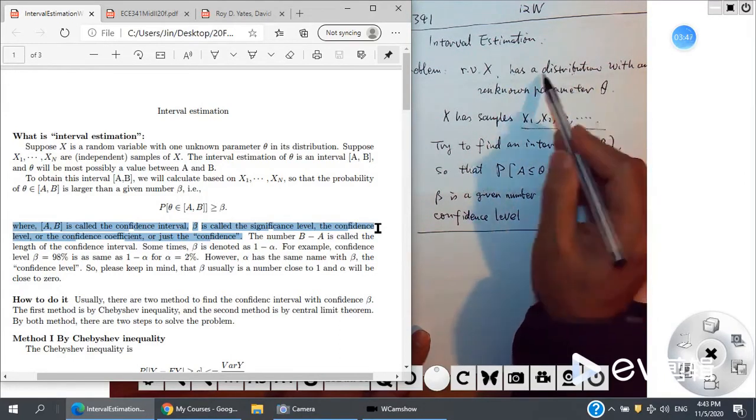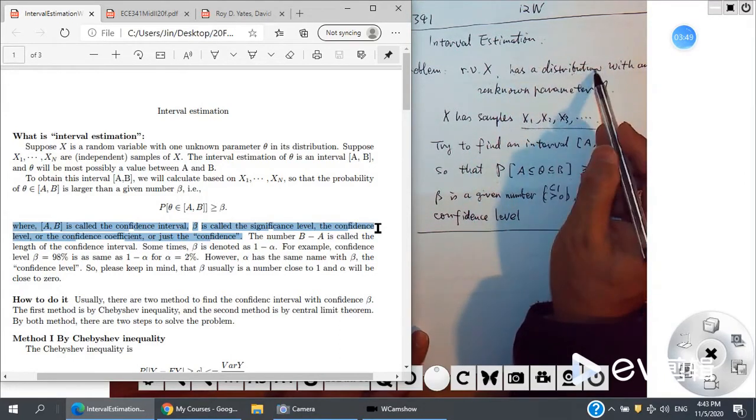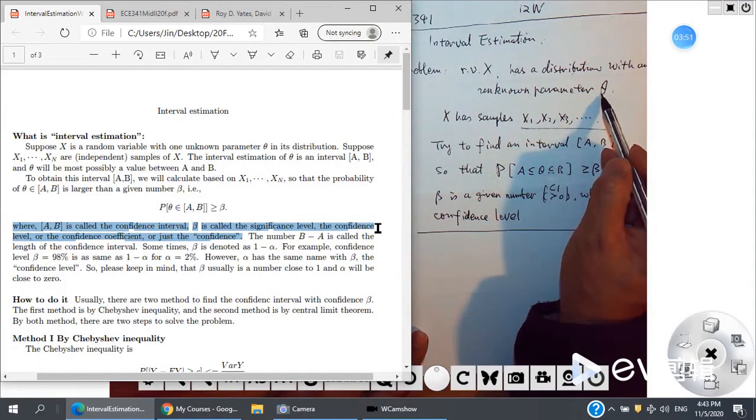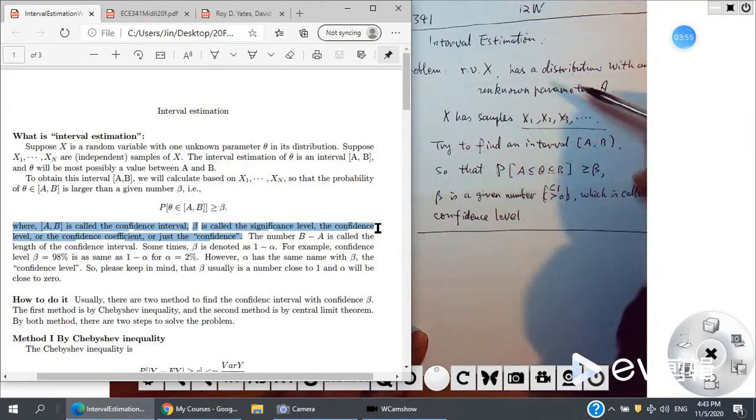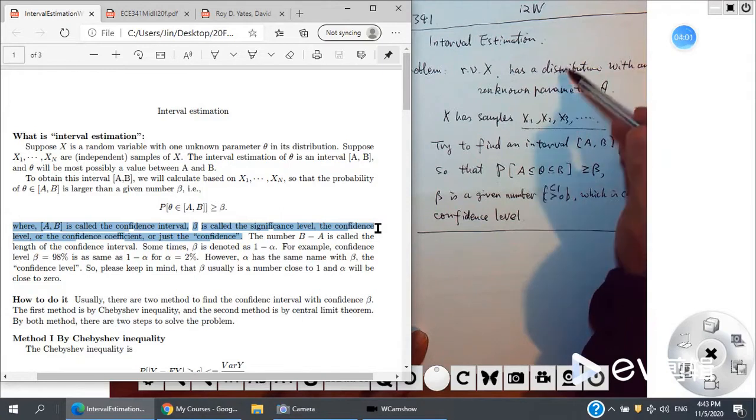You know something about the distribution, but you have some parameter. It's unknown, right? So this is the second thing. The x1 to xn, totally you have the value. You know other things about the distribution, but do not know this theta.